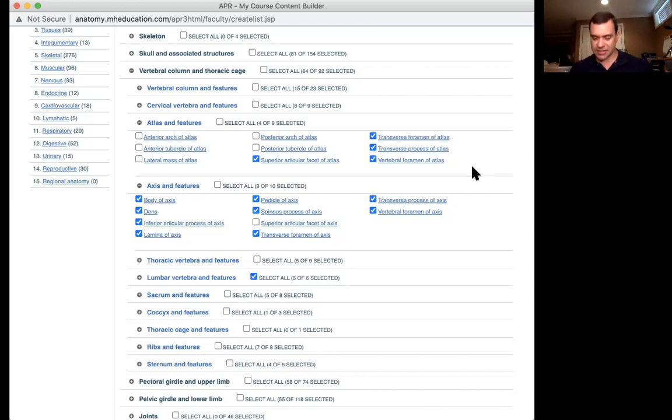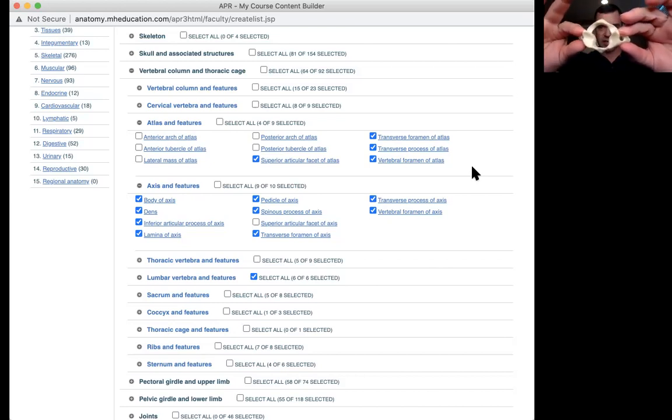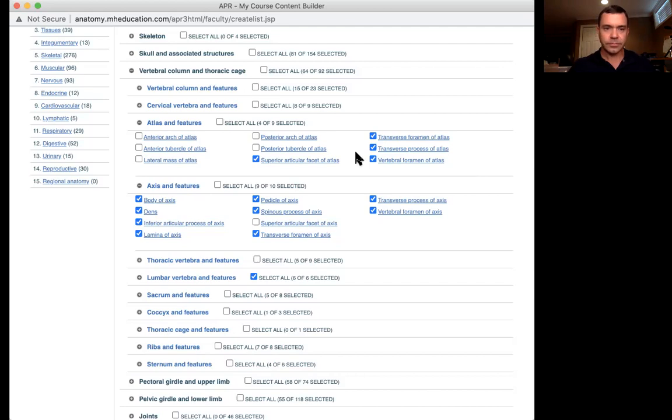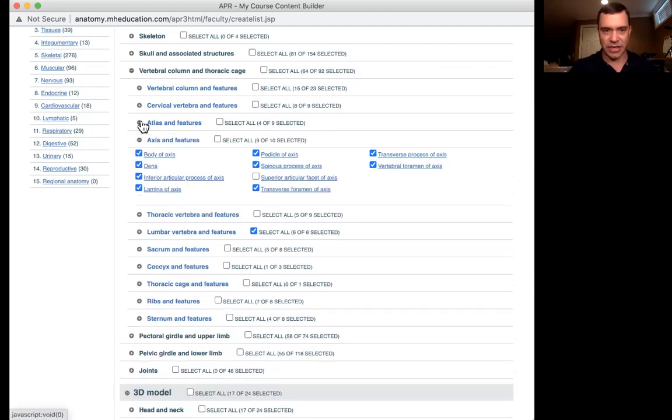It has a transverse process right there that I'm holding, and as you can see, it has a little hole within each transverse process, the transverse foramen. The vertebral foramen of the atlas is really huge, because the spinal cord is coming out right there at the base of the brain, so you would imagine this is always going to be the biggest. Not much there with an atlas, to be honest.